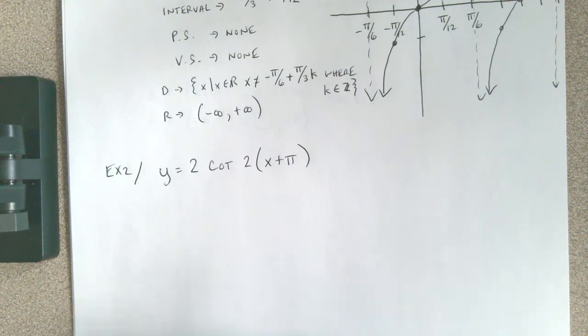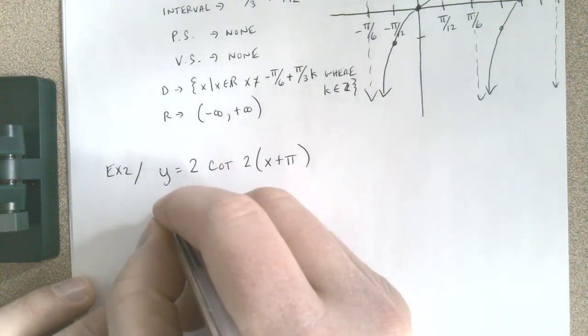So again, thinking about tangent and cotangent being reciprocal functions, when we're looking at our graph of a cotangent, the cotangent is going to go up and to the left and down and to the right when we're plotting it. And the other difference is the cotangent asymptotes are going to start at the y-axis.